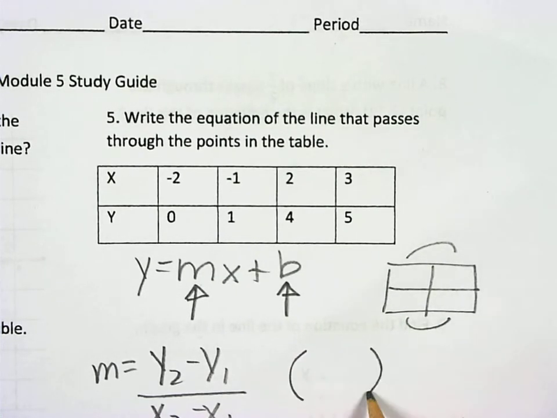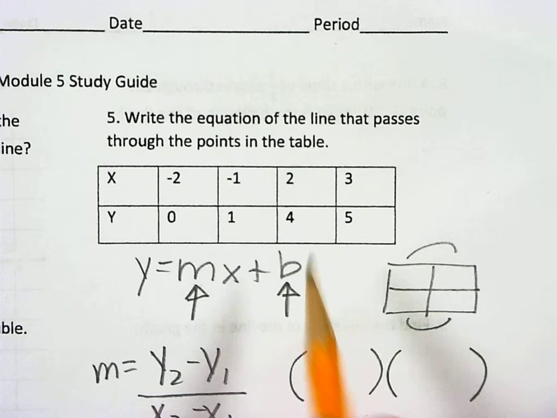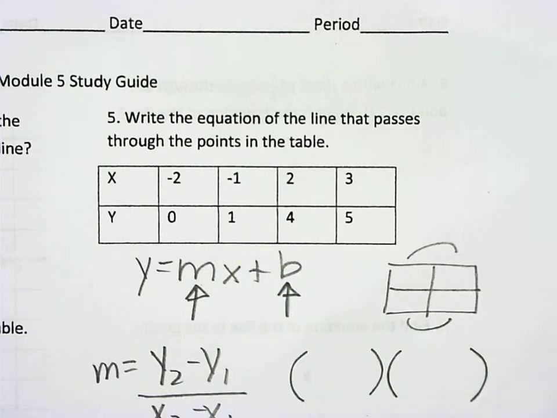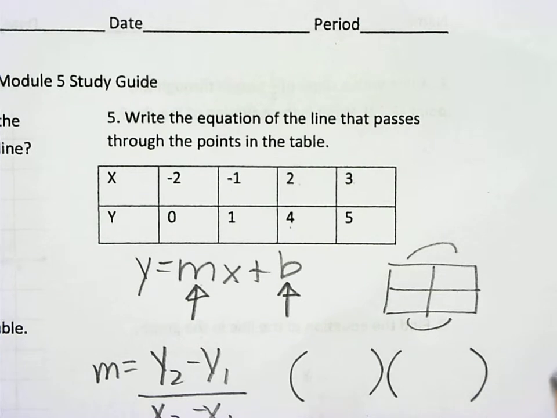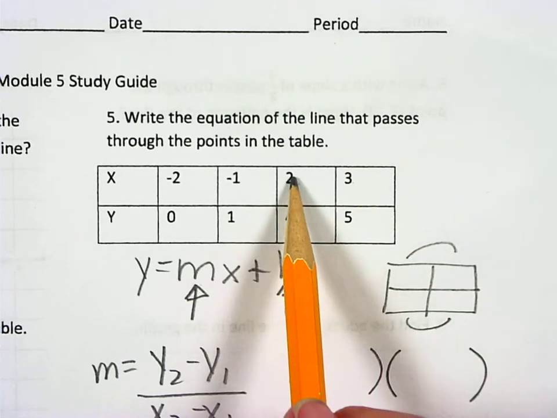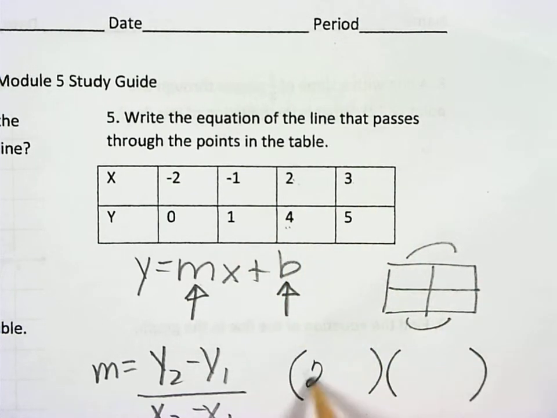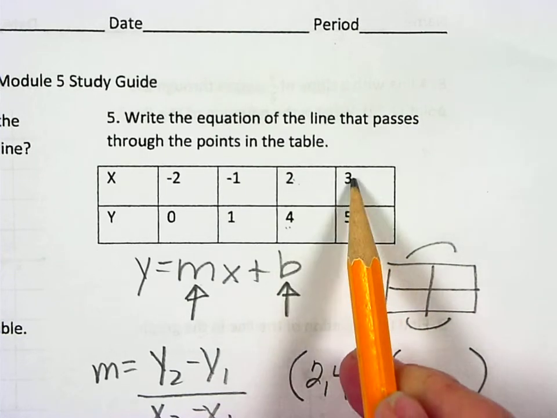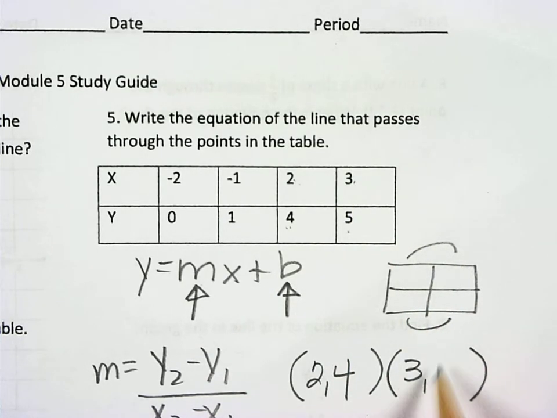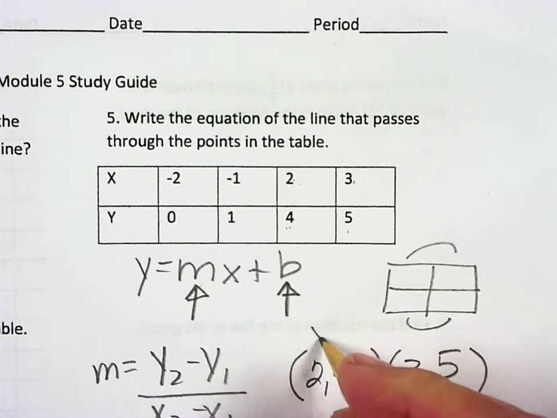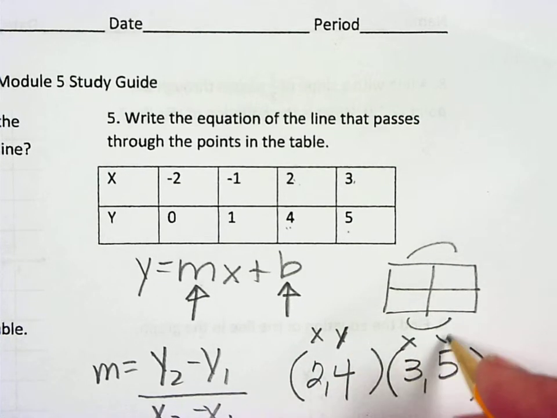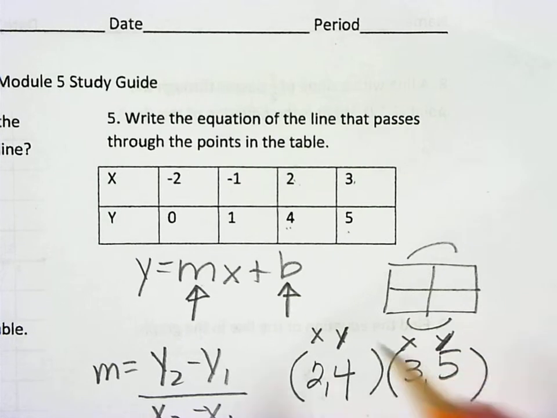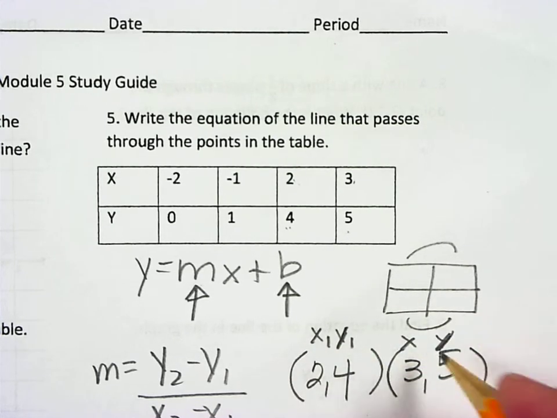So I have to pick 2 of the points from here, and I'm going to pick any 2. And I'm going to stick with the numbers that don't have negatives just because I think it's simpler. So x is 2, y is 4, and x is 3, y is 5. Any 2 points will work. And I'm going to label them x and y, and x and y. So we're going to call this point 1, x1, y1, point 2, x2, y2.